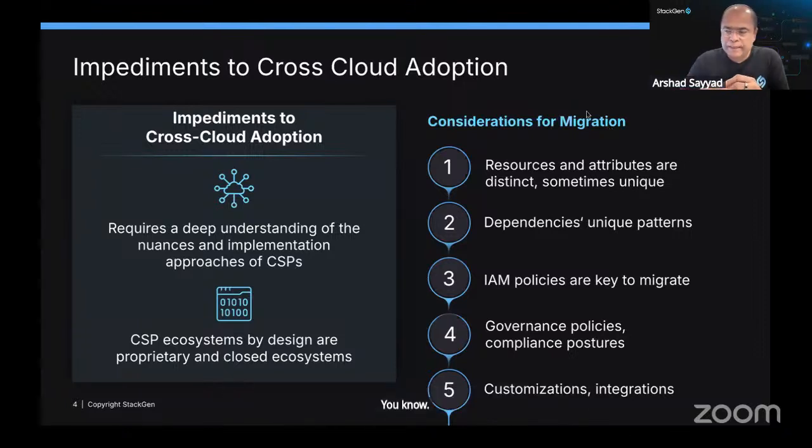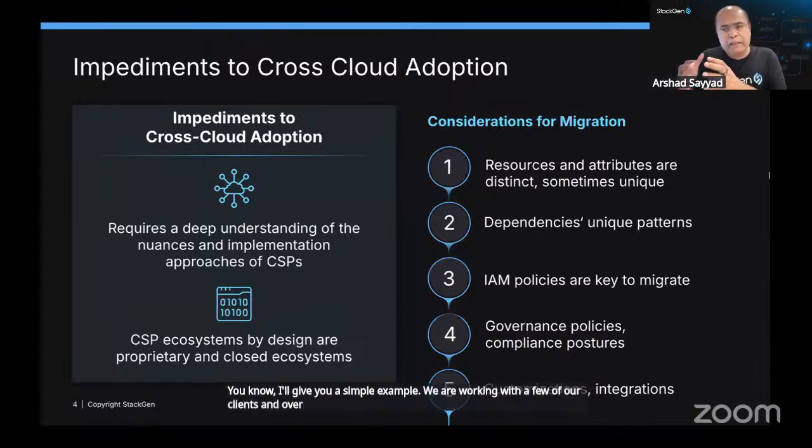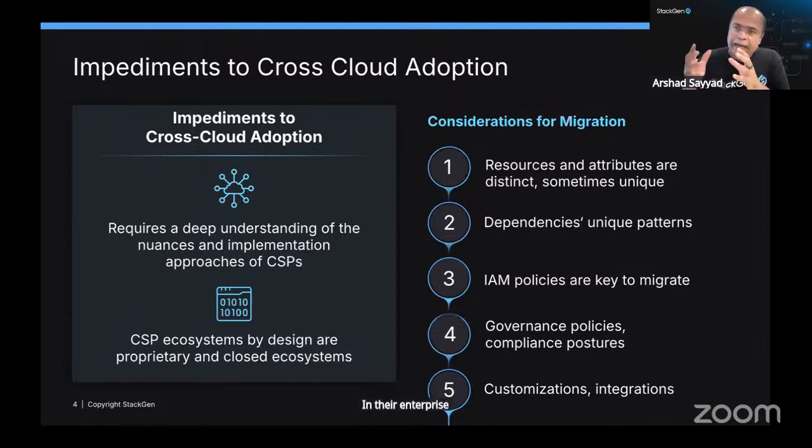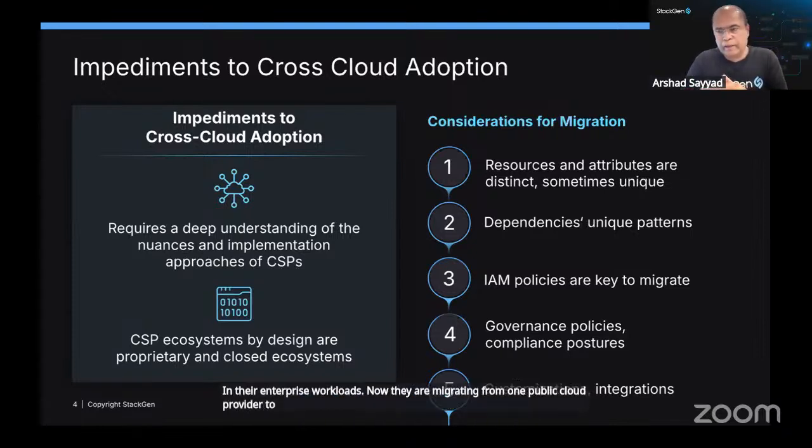I'll give you a simple example. We are working with a few of our clients, and over the years, they have built some custom policy environments and custom policies that they want to enforce in their enterprise workloads. Now they are migrating from one public cloud provider to the other public cloud provider. They want to be able to migrate all of those custom policies and their current other policy postures.